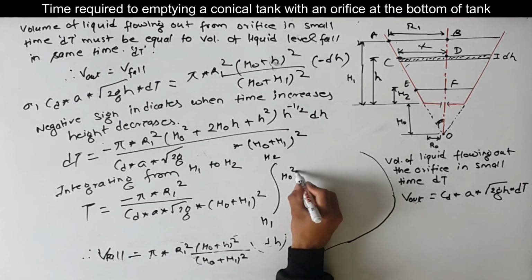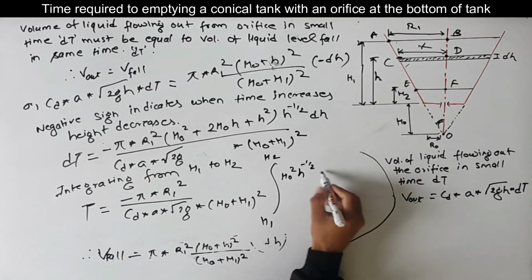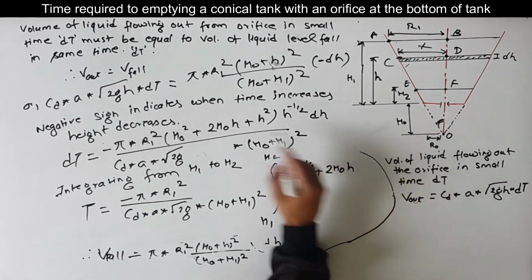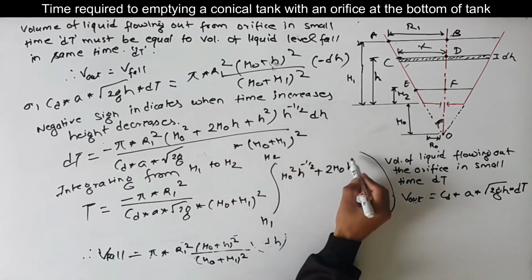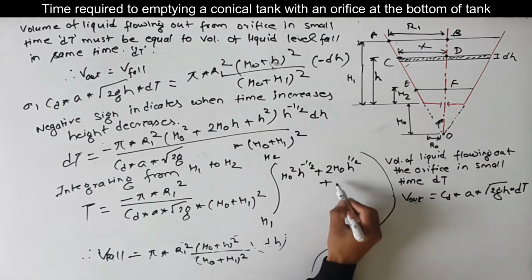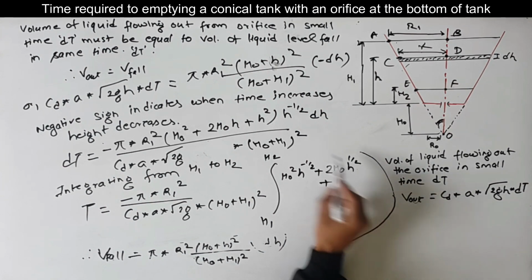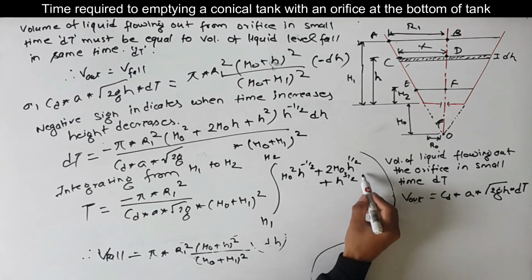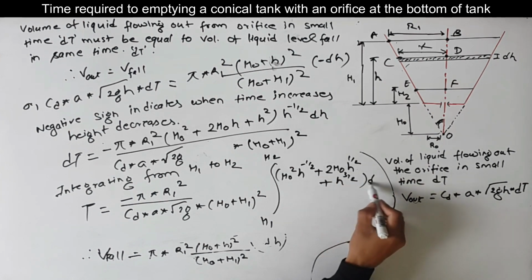This is h0 square h to the power minus 1 by 2 plus 2 h0 h to the power 1 by 2, since minus 1 by 2 plus 1 is 1 by 2, and h to the power 3 by 2, since 2 minus 1 by 2 is 3 by 2, and dh is remaining here.